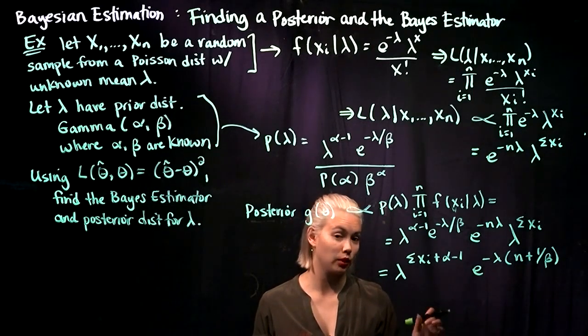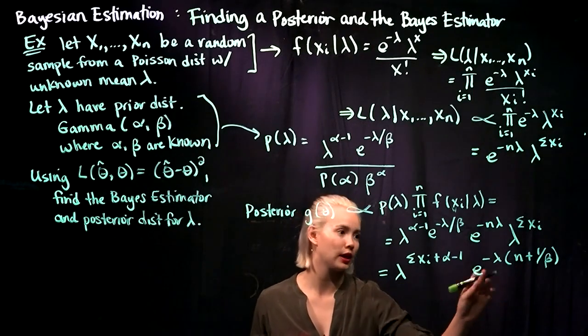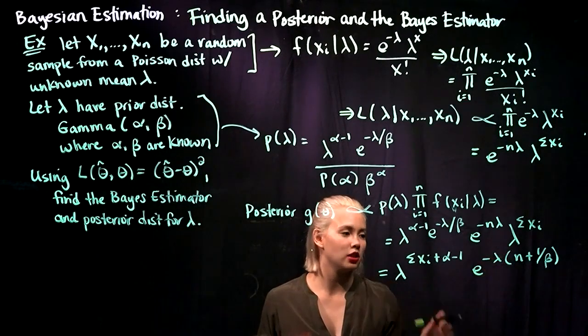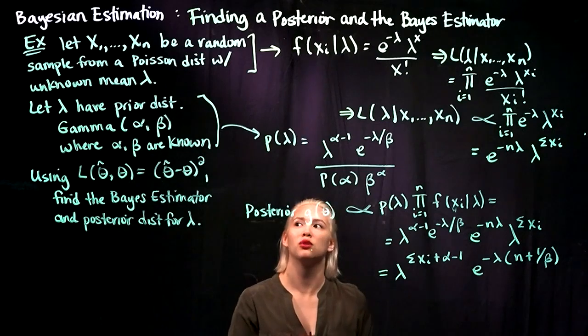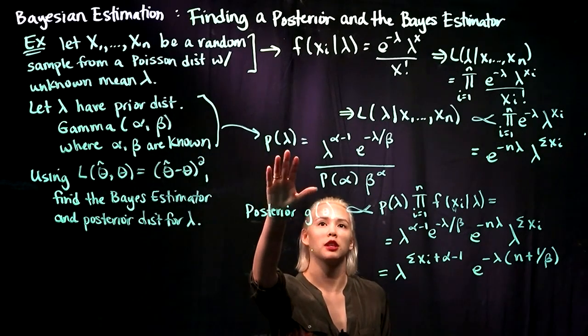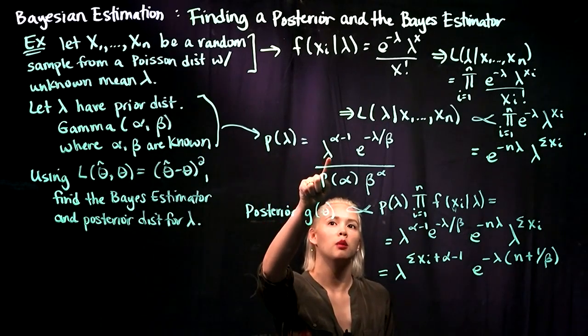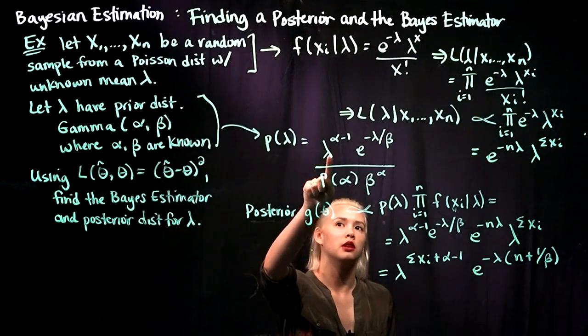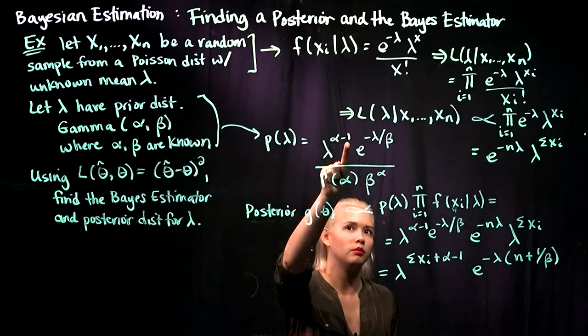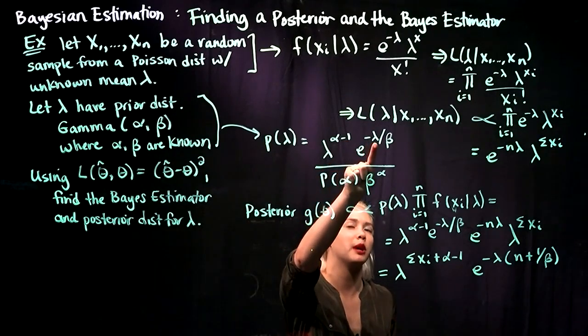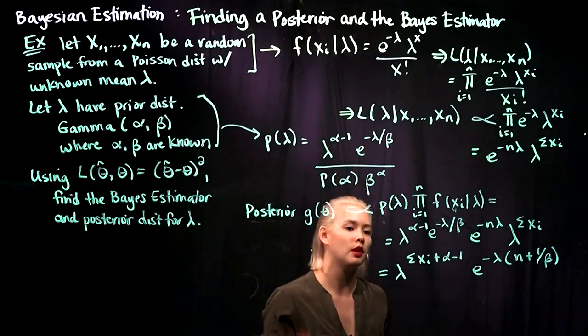Remember, I said if we're lucky, we'll be able to look at this and recognize it as a distribution we know. So let's look back to this gamma distribution. We have parameter to the something minus 1, and then we have e to the negative parameter divided by beta.